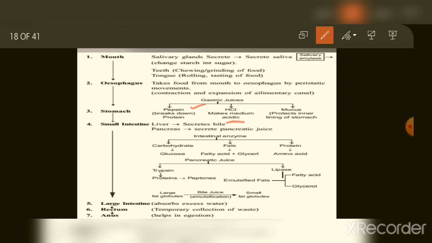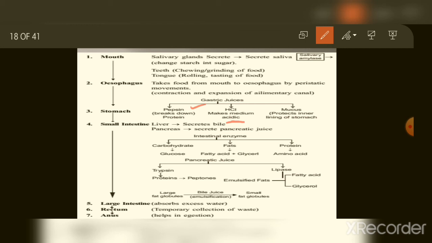And then lipase is for breakdown of emulsified fats. After bile salts have broken the larger globules into smaller globules, lipase will break down the emulsified fats.